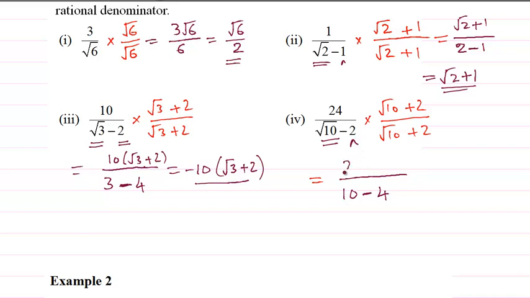On the top we got 24, then in bracket we got root 10 plus 2. So 10 minus 4 is 6 on the bottom. Then we can divide 24 by 6, which is 4, and in bracket we write root 10 plus 2.